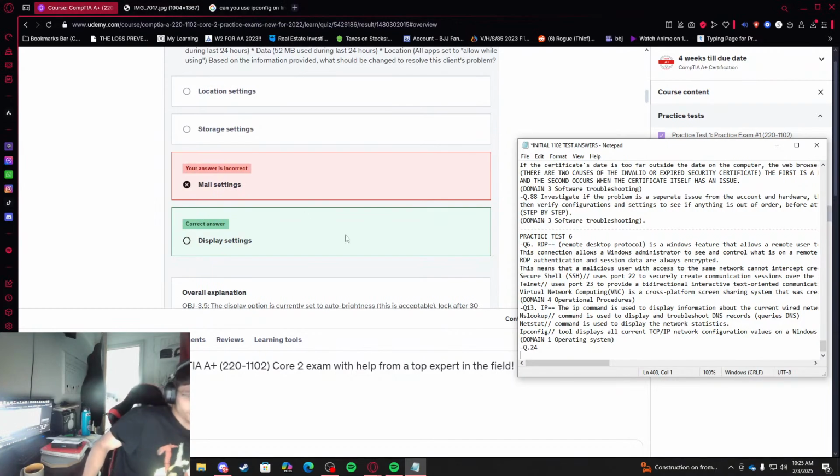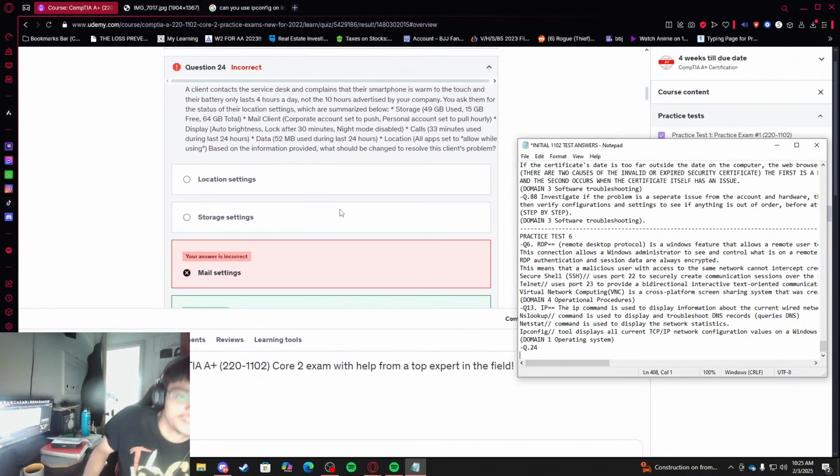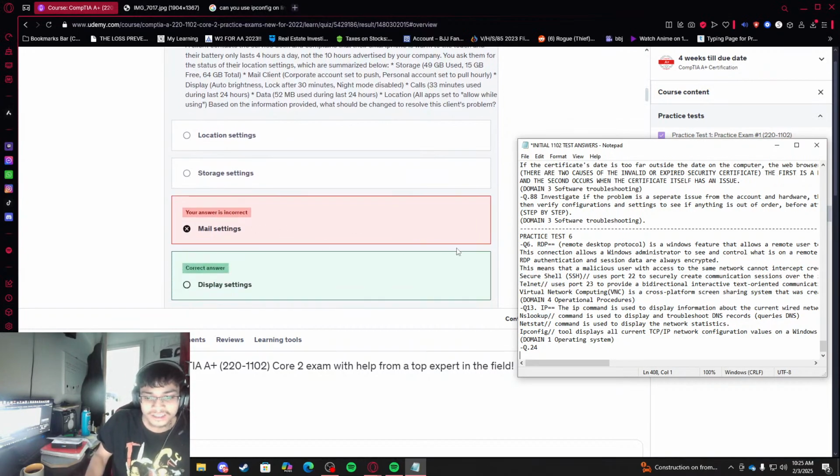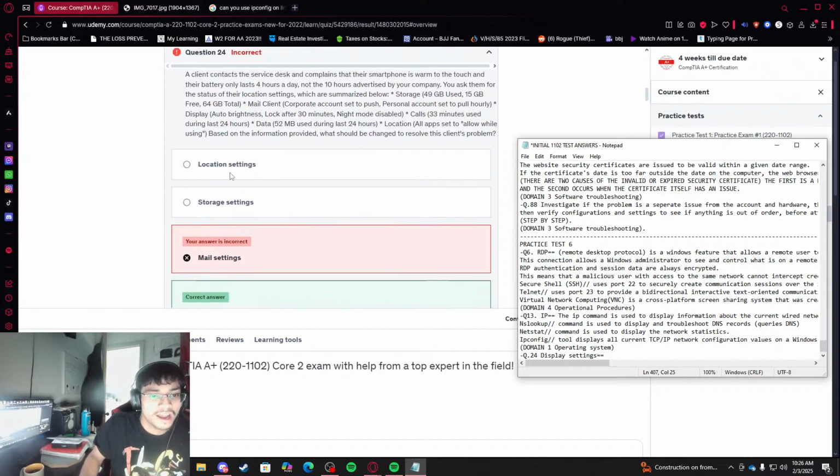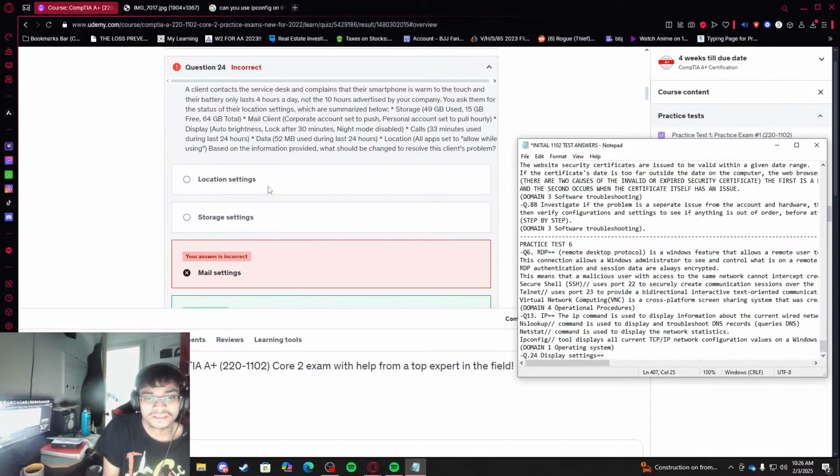Okay. Display settings. I guess it's auto brightness. That's the reason why. I knew it wasn't location settings because it's allow while using. It's not like allow all the time, because only then that will mess up and drain the battery.